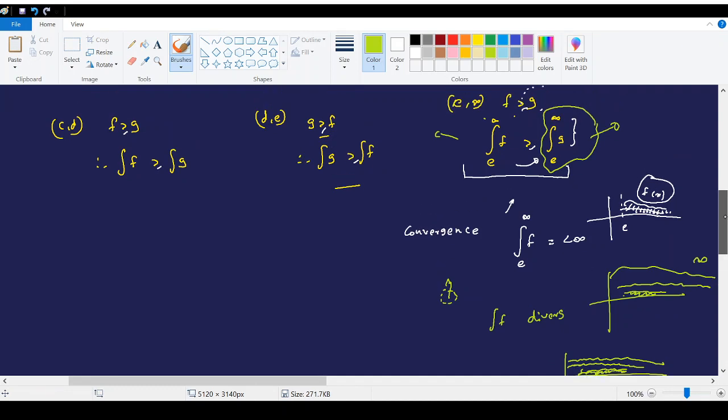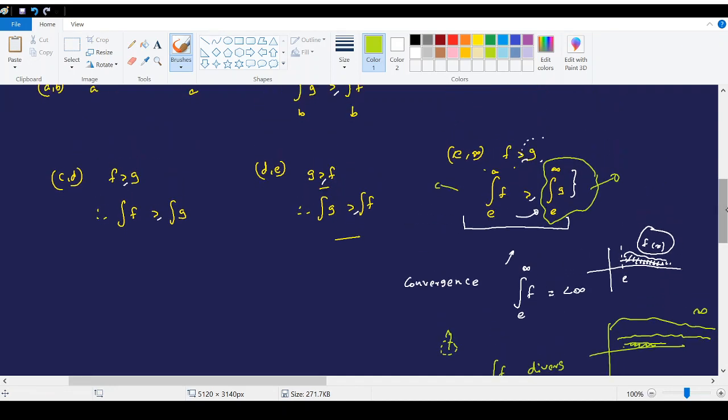So you don't have to memorize each and every word of this theorem. The only thing is to try to visualize this as an area problem. If we have two things like this, if one is enclosed within the other, and if the smaller guy explodes, then the larger one should definitely explode.